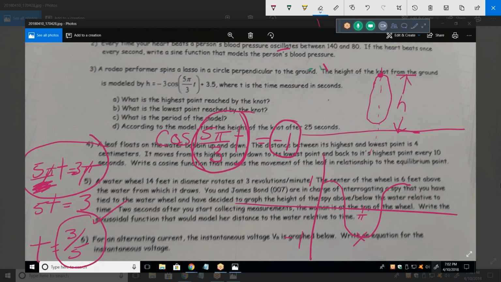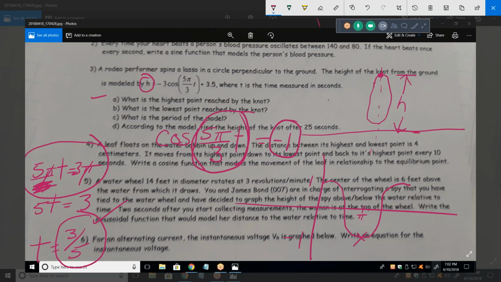Remember, there's two things in this equation. There's the time that it occurs, and h, that's the height. Well, the question says, what's the highest point? Well, we know it occurs when t equals 3/5.